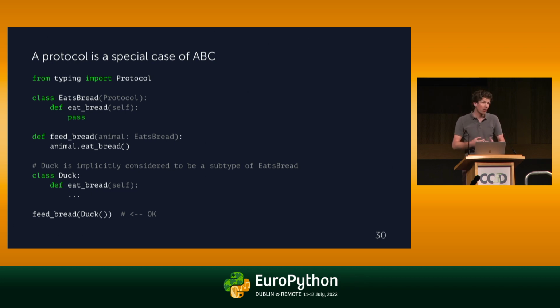And as Duck implements all the attributes and methods that this protocol defines, in this case it's just one, it is automatically of type EatBread. And so now if we call feed_bread on the Duck, that's okay, both at runtime as well as when type checking.